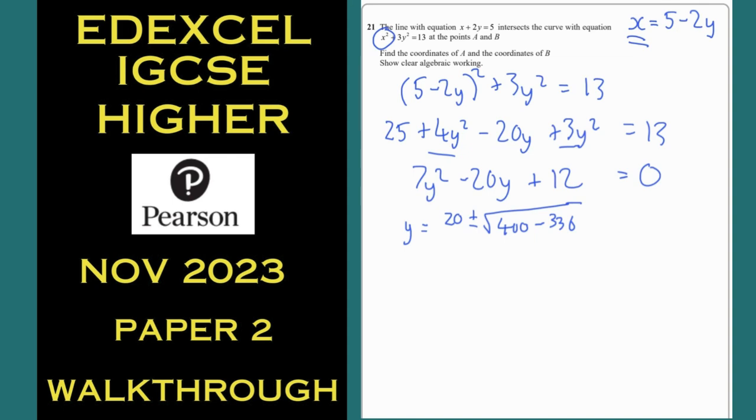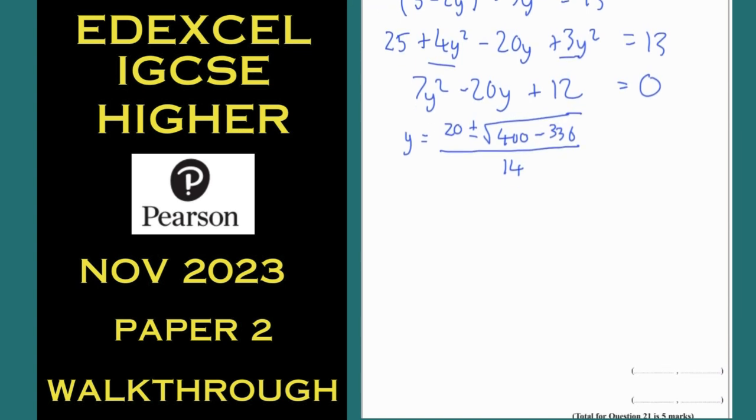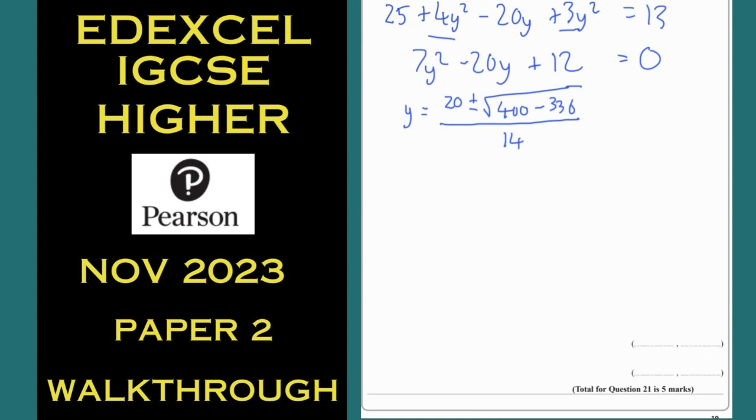Because it gives us a square number here, we now know for sure it would have factorized nicely. But who cares? You might still be doing the AC method, whereas us, we're pretty much there. Because one of our answers for y is 2. And another one of our answers, slightly more awkward, 6/7.